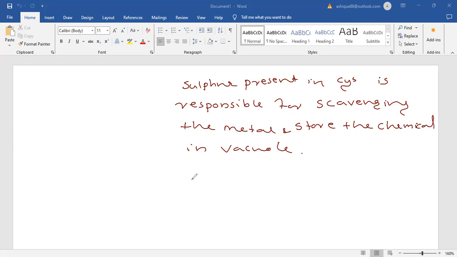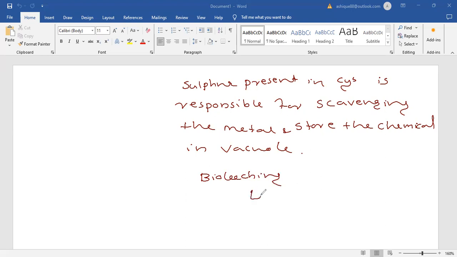Okay. Then for bioleaching, which type of organism? We have already told about microbial bioleaching. Just note a few examples for bioleaching.